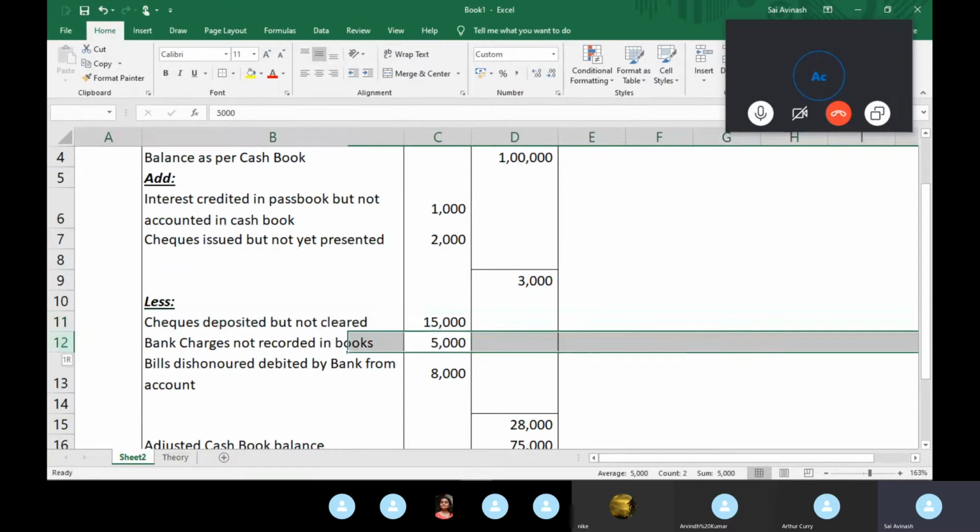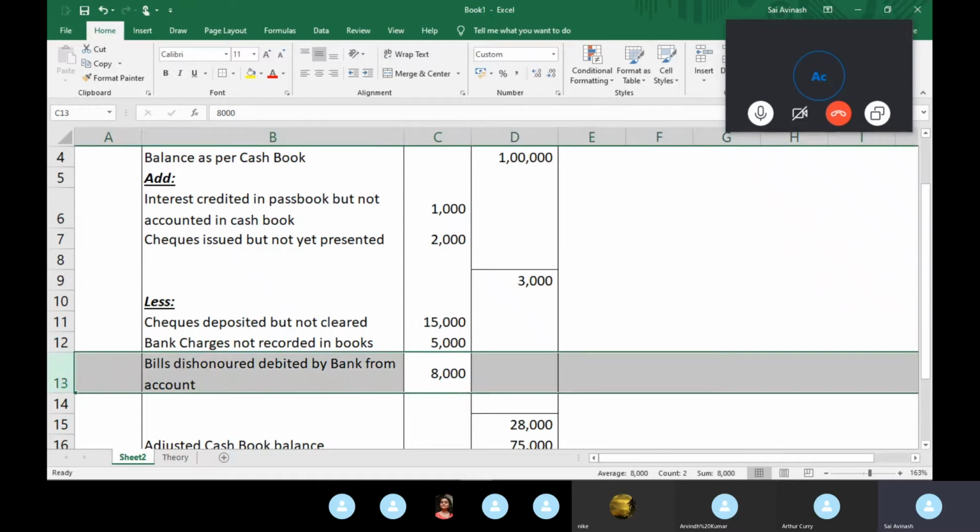So that's the reason. Similarly, let's say the bank is taking charges, reducing my balance, but I don't know about it yet because I've not updated my passbook. So my books of accounts show a higher balance. So I have to reduce that amount in order to compare it with my passbook. Similarly, bills dishonored.